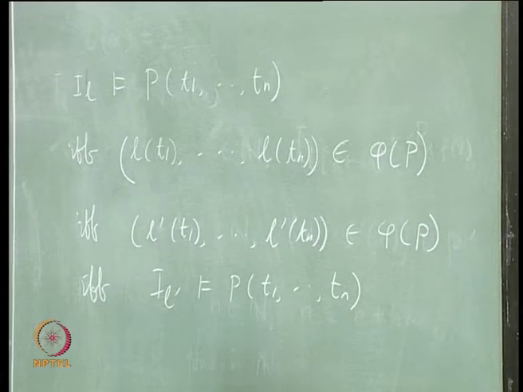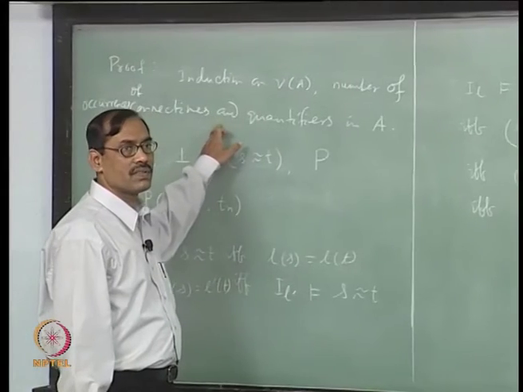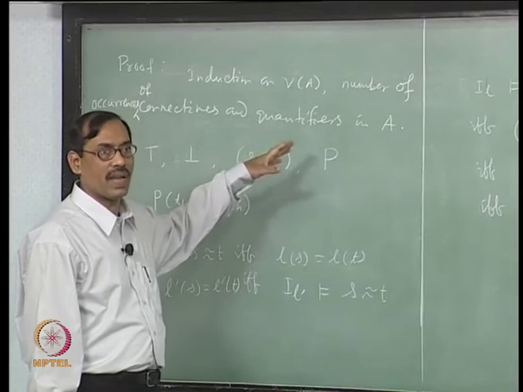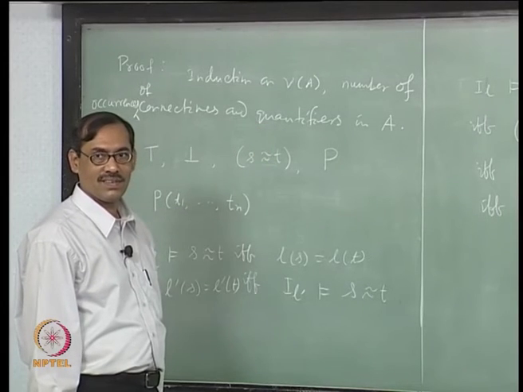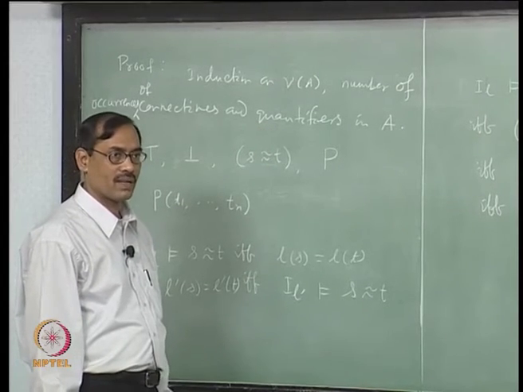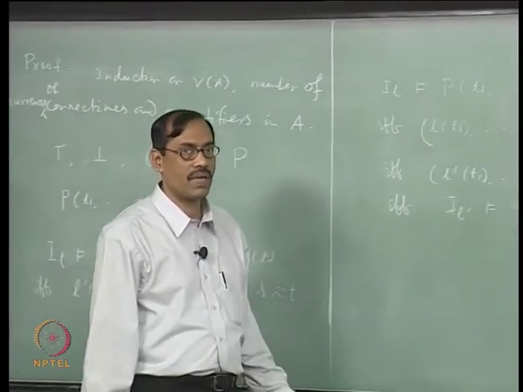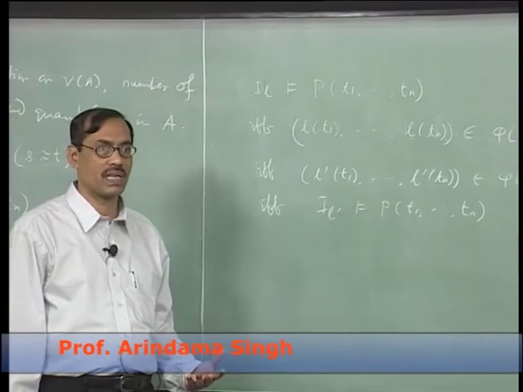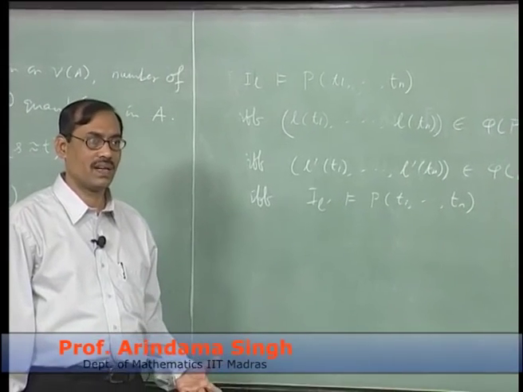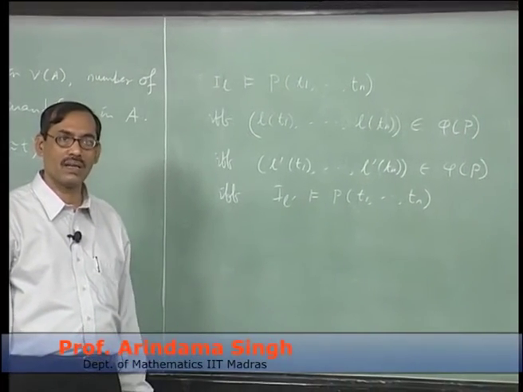Now, for the induction step, suppose the number of occurrences of connectives is k or up to k, the statement holds, then for k plus 1, whether it holds or not. So, now if it is having number of occurrences of connectives and quantifiers taken together k plus 1, how will it look like?